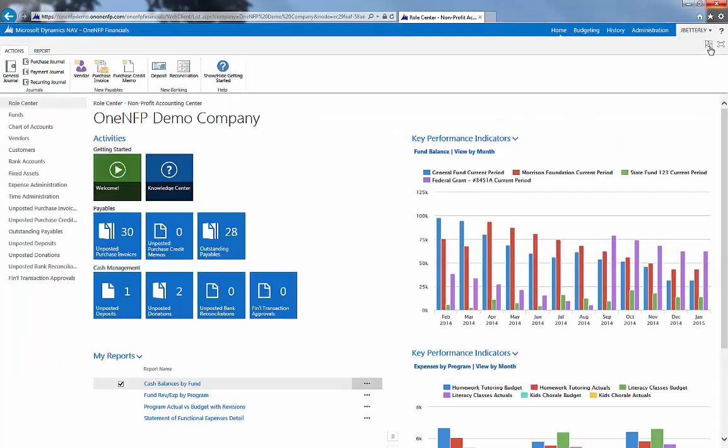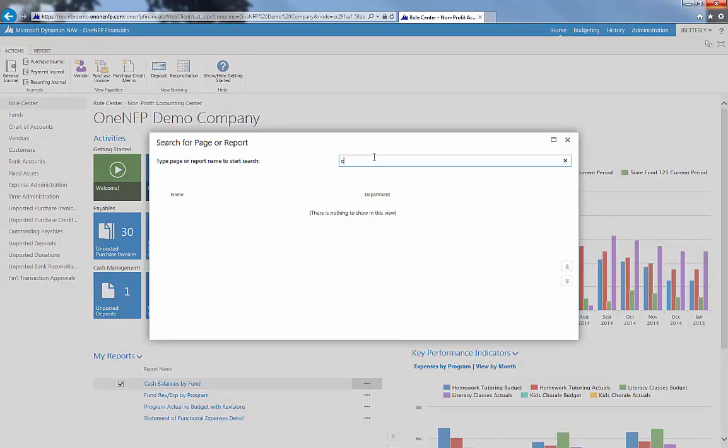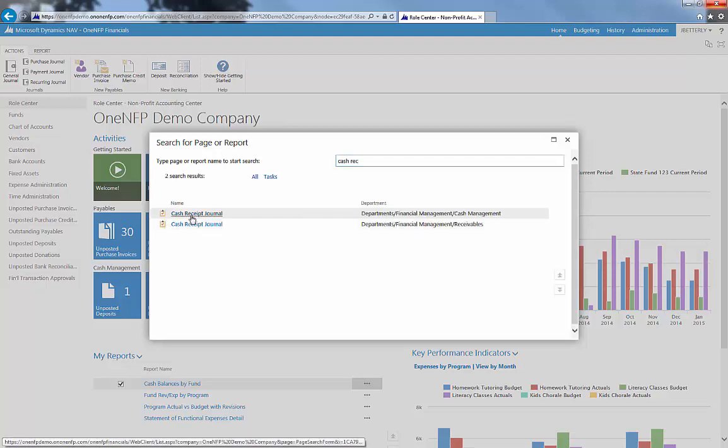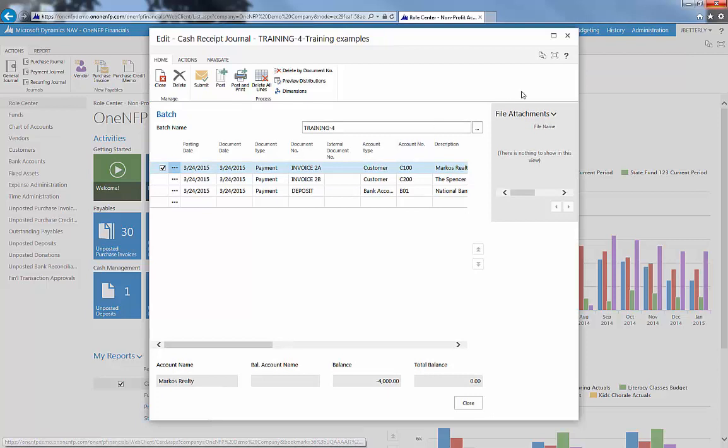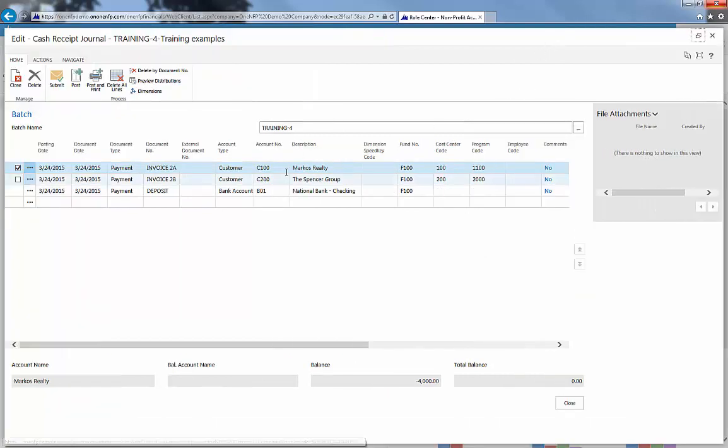Finally, let's use the cash receipt journal for another example. Here we are receiving some money from a customer. We have set up a couple of our donors as customers and we've sent them an invoice for some money they had pledged. They've sent us the money and we're depositing it into our bank account.